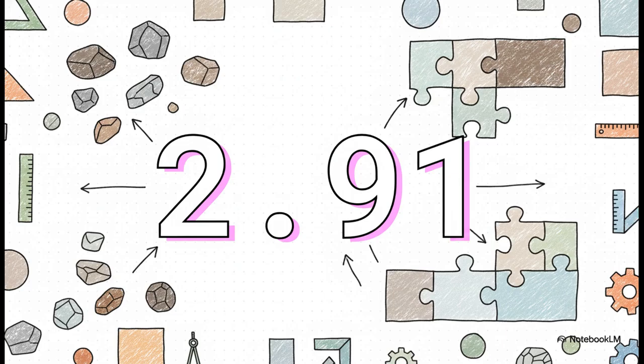So, following our formula, dividing 290.9 by 100 gives us exactly 2.91. Boom! That single powerful number allows an engineer to instantly understand the average size and characteristics of literally tons of material. It's the ultimate mathematical shorthand for our structural puzzle.